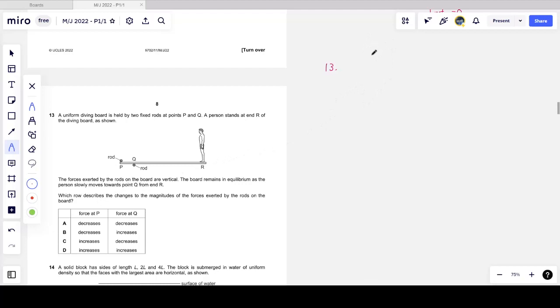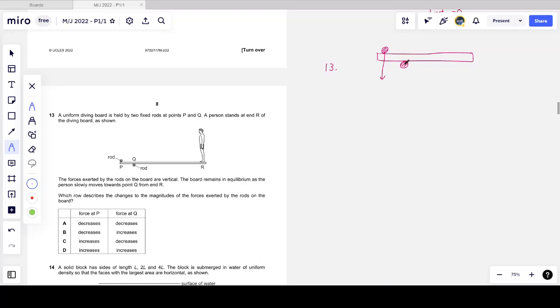I'm going to draw a diagram here. I think that this one requires some time and effort. It's one of those where you may have to just put a star next to the question and come back to it at a later point, depending on how confident you're feeling. So there's a rod P that's applying a downward force on the diving board. It's above the diving board, pushing down.